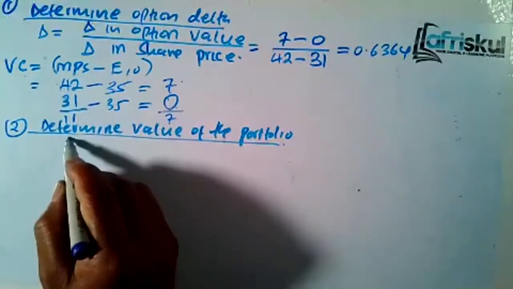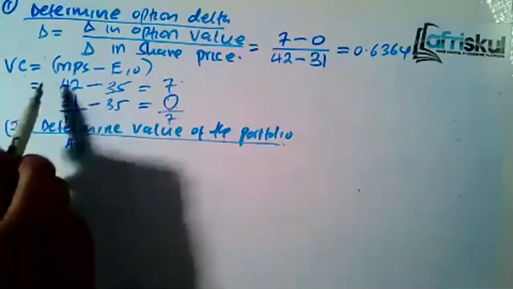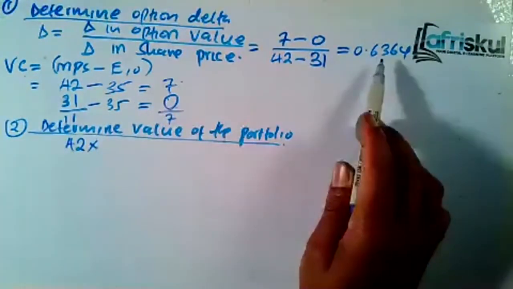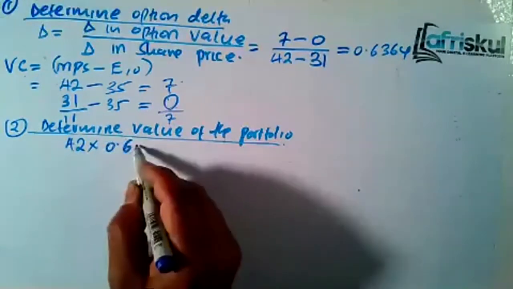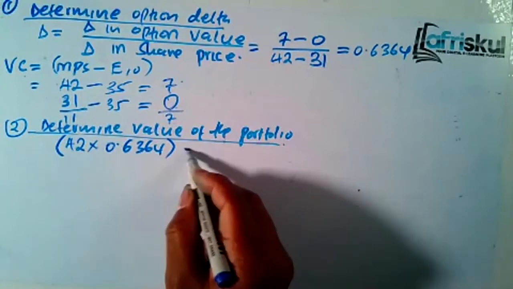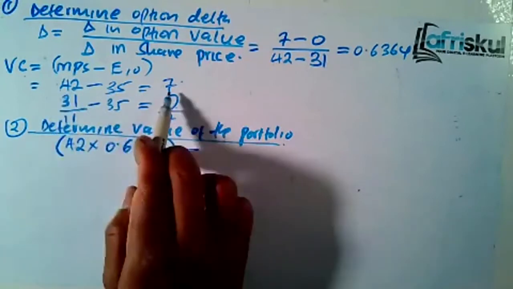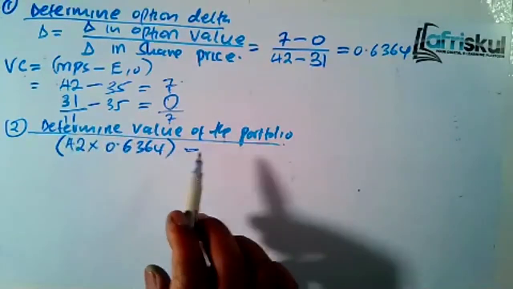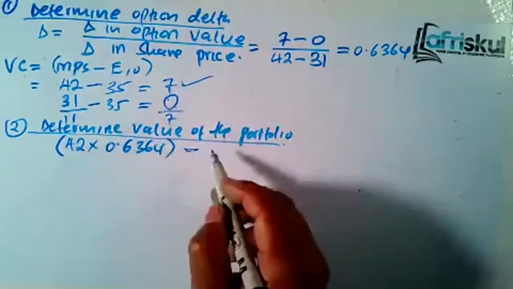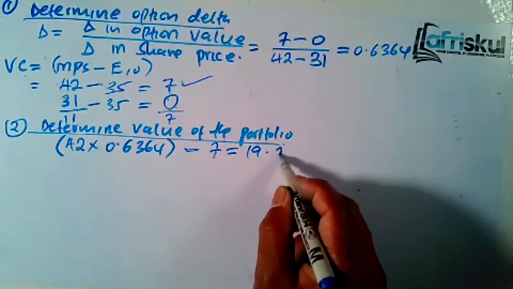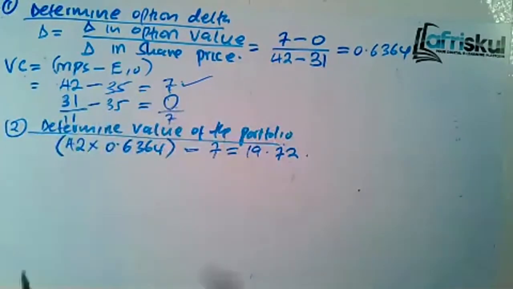You take the market price, 42, the highest, then multiply by the option delta, which is 0.6364. After you get that, you deduct the value of the call. 42 was giving you the value of 7. You take the market price times the option delta, minus the value of the call, which was 7. That means you will remain with a residual value or market value of 19.72. That's the second step.